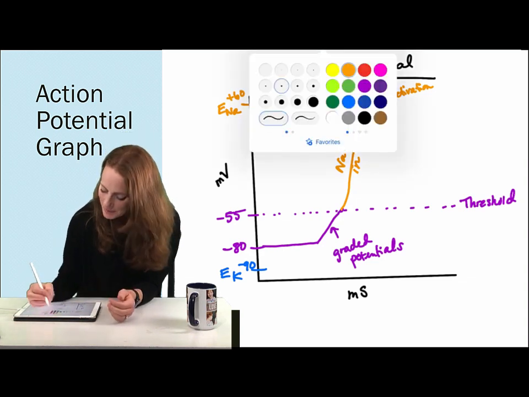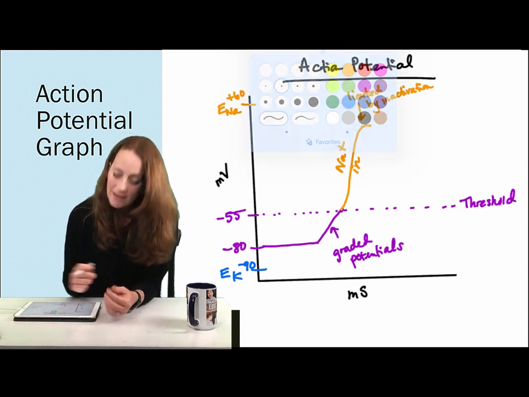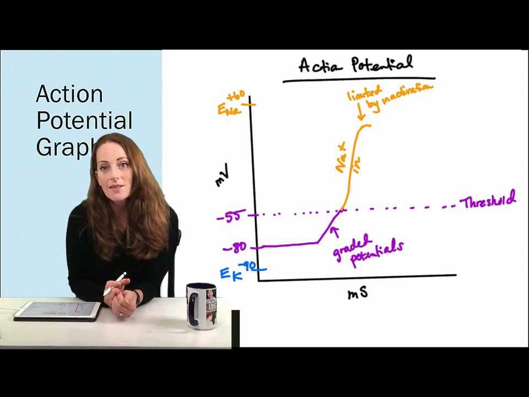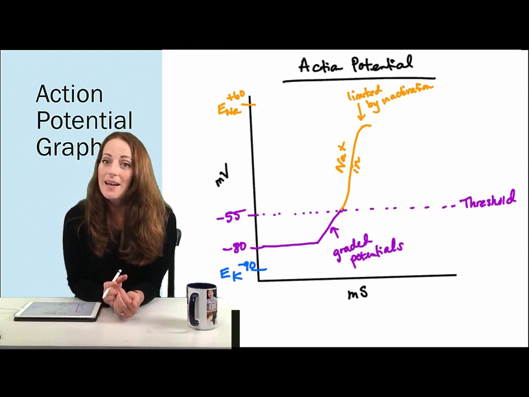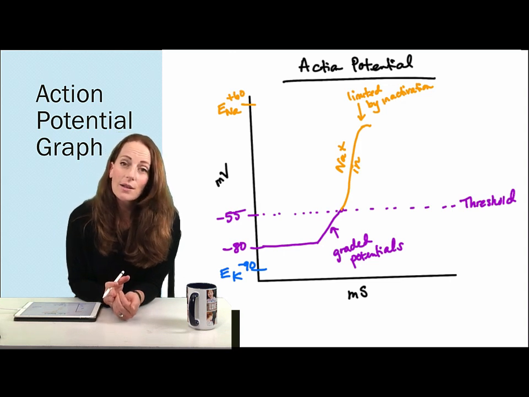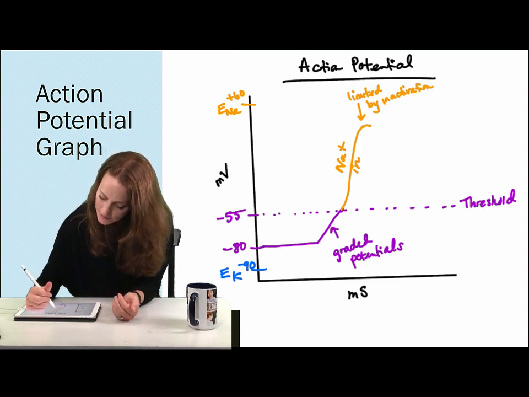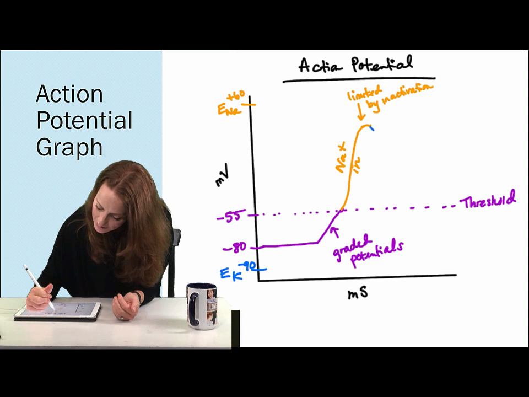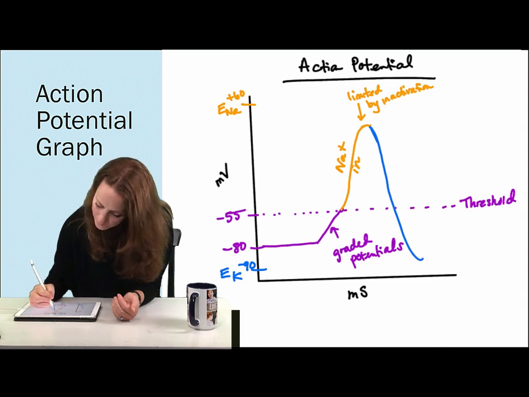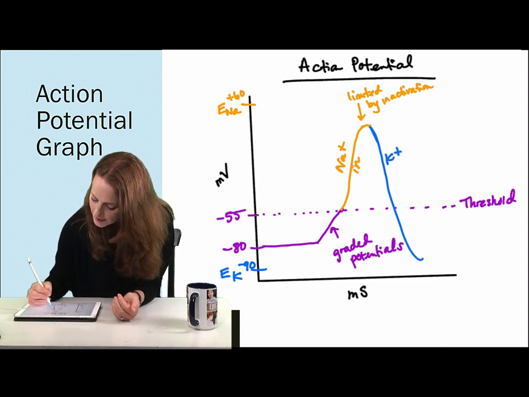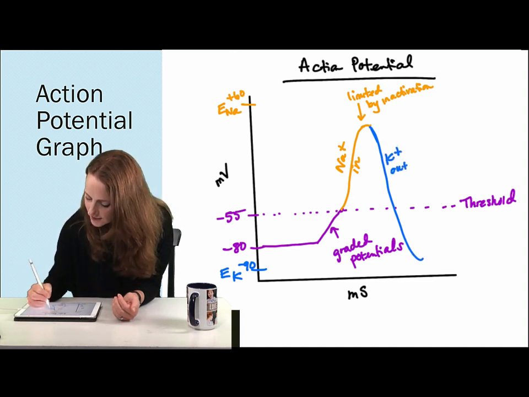Now remember that the potassium channels were slow to open, so they're a little bit late to the party, but they're open by the time the inactivation gate closes for sodium. So now the potassium channels will be the drivers of membrane potential, and that's going to be potassium leaving the cell.